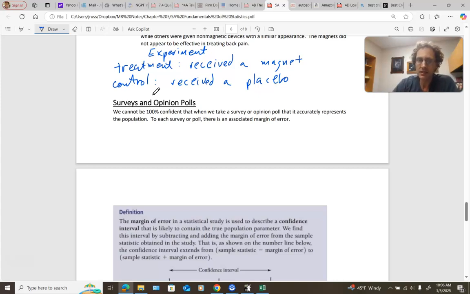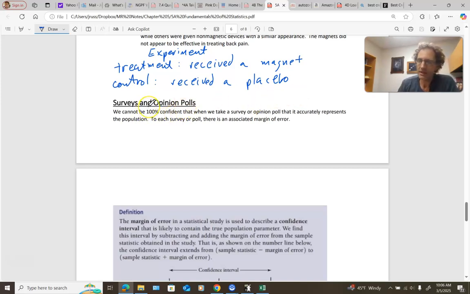Of course that sample is always going to be smaller than the population, so it's not going to be the same thing. So inherent in that process is some error. The closer our sample represents the population, the closer our results will be to the actual parameters of the population.